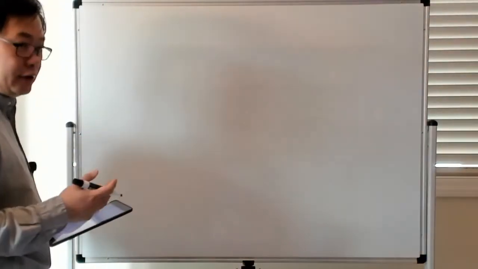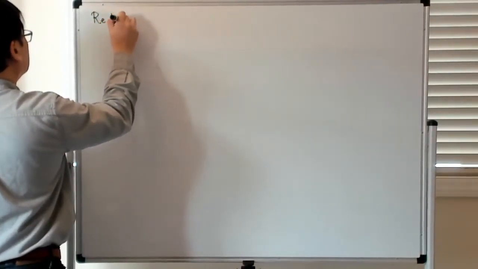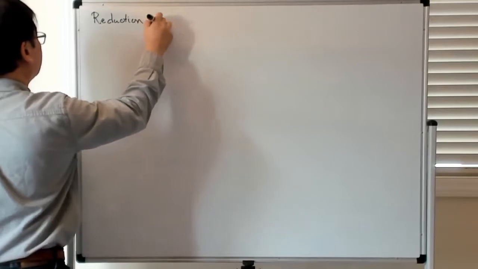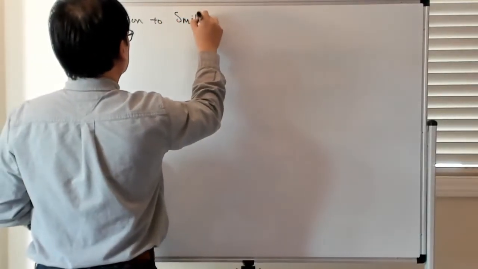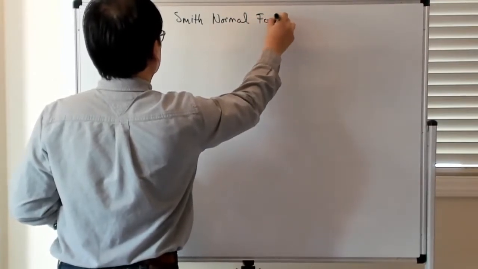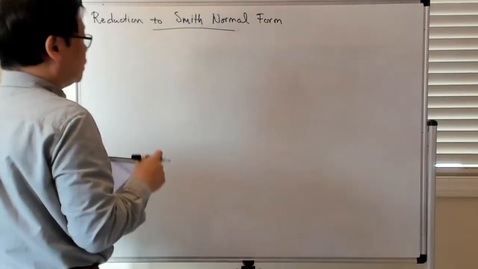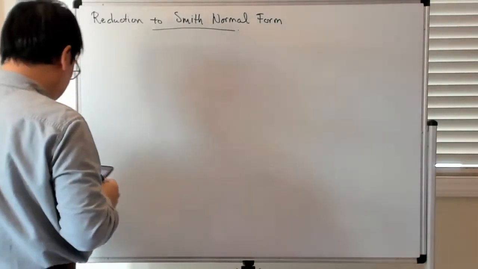All right, so now I'm going to talk about how to actually convert something to Smith normal form. So this is reduction to Smith normal form. Okay, so it's going to be similar in some sense to Gaussian elimination.